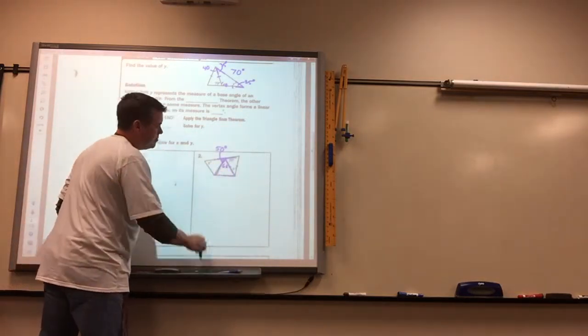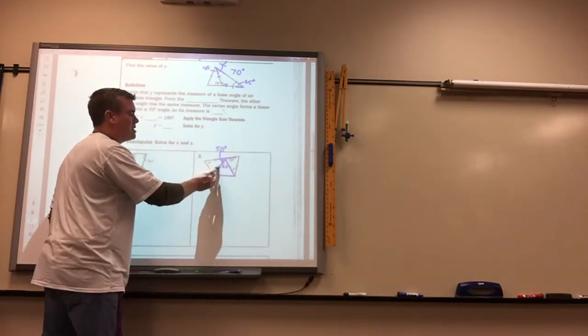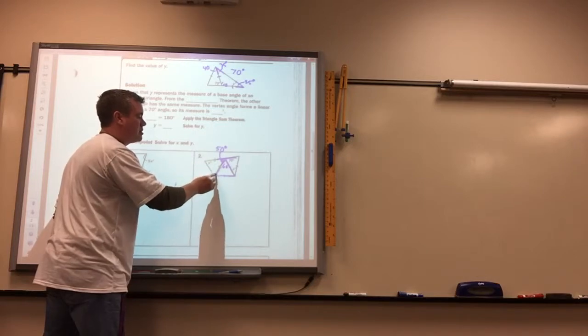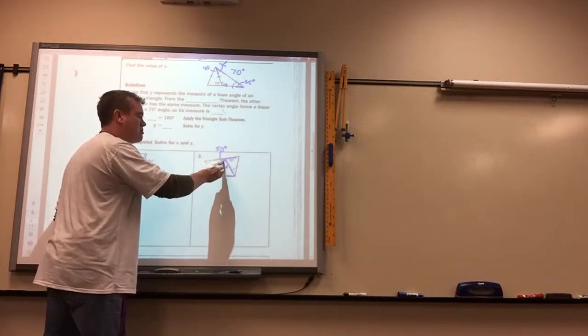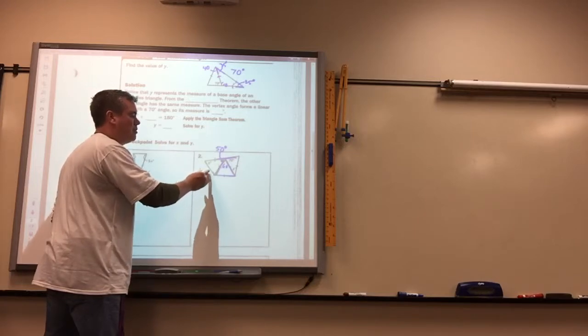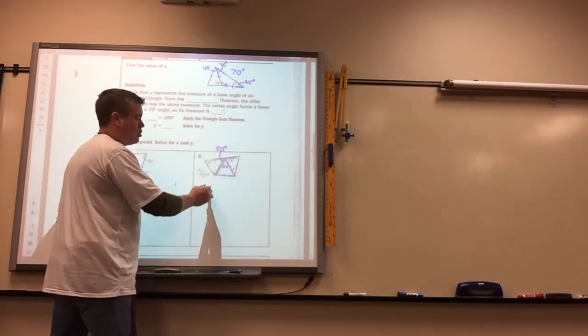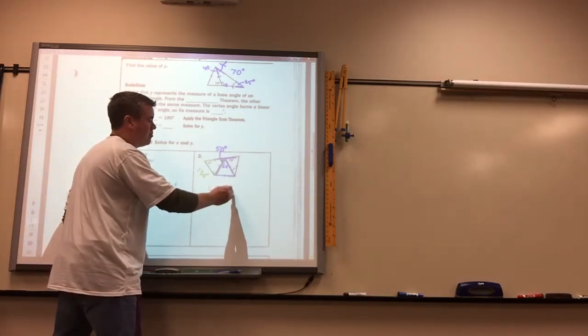And since this is an isosceles triangle, the two sides are the same, so these two angles are the same. And since this is 50, that leaves 130 degrees left over. Since these two are equal, you just cut that in half. So y would be 65.